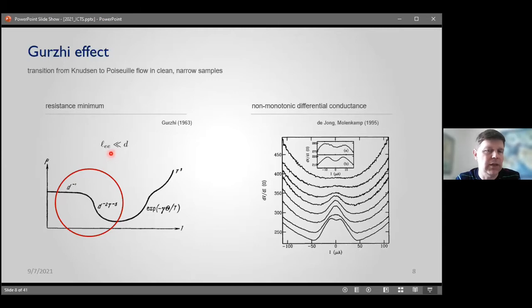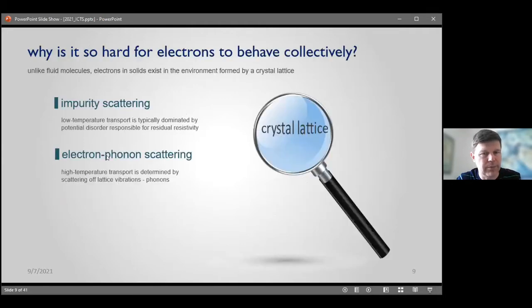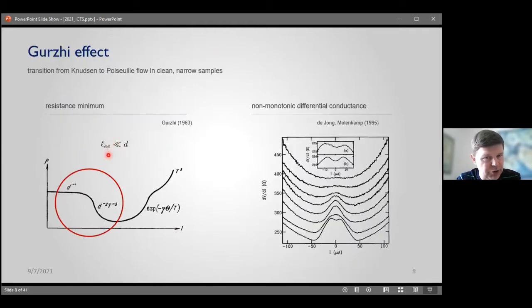That is based on the fact that the electron-electron scattering length, which describes interactions and determines whether viscous behavior is formed or not, is temperature dependent, whereas the width of the sample is not. So at the very lowest temperatures, the resistance is determined by scattering at the edges, and therefore is temperature independent.